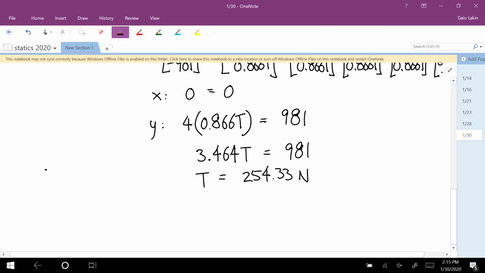Okay, 283.19. Well, so anyways, it's bigger than when they're hanging vertically.